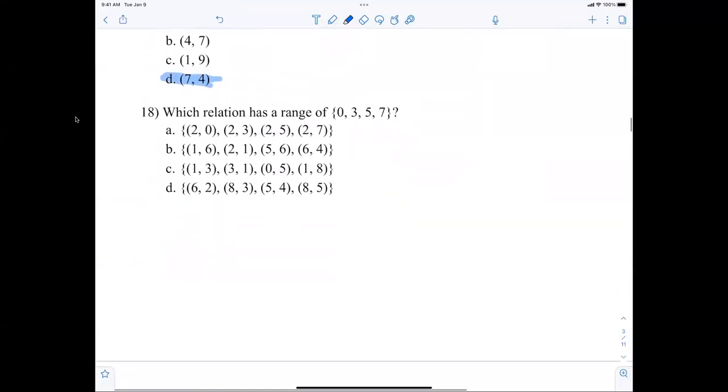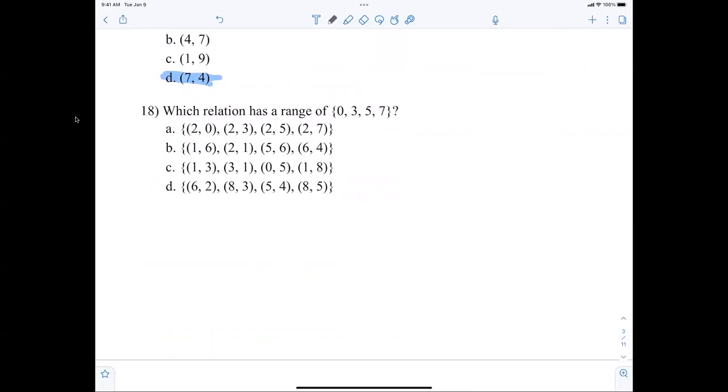18, which relation has a range? Now, I want everybody to remember, range is the Y values. Domain is the X values. And I tell kids, remember that by doing alphabetical order.